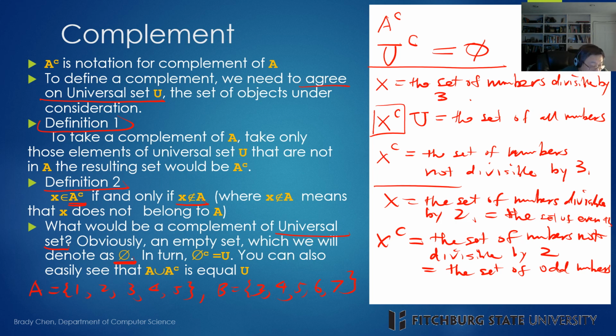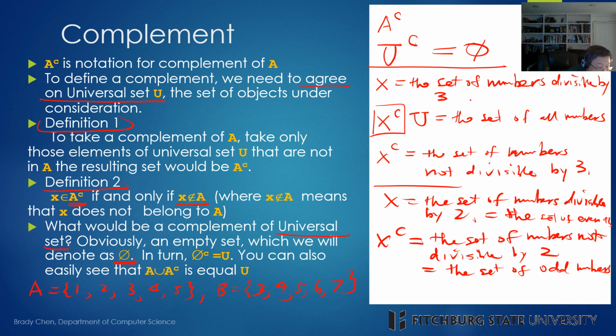So of course we can say, let's define the universal set as all whole numbers. Then the complement of A should be all the numbers except 1, 2, 3, 4 and 5, right? That's fine, no problem. And the complement of B is the set which contains all the numbers except 3, 4, 5, 6, and 7.